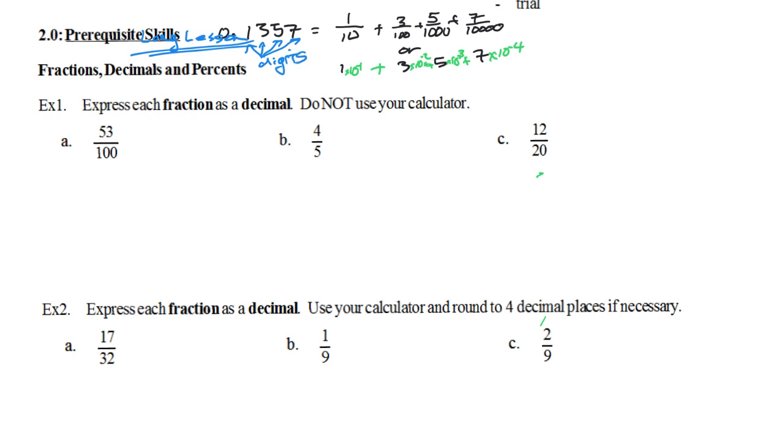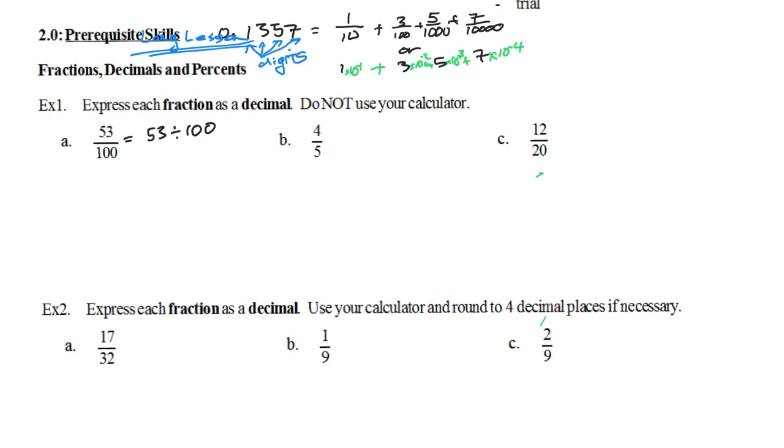All right, so first problem, we're going to take a look at fractions, decimals, and percents. So let's express each fraction as a decimal and not use a calculator. So 53 over 100 becomes 53 divided by 100.